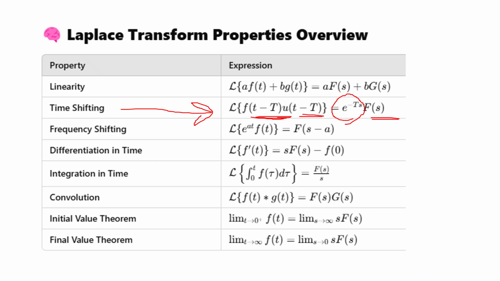The second property is convolution, which is also important. Convolution in the time domain of two different functions becomes the product of the two functions F(s) G(s) in the frequency domain, or s domain. We are going to use both properties in our solution.